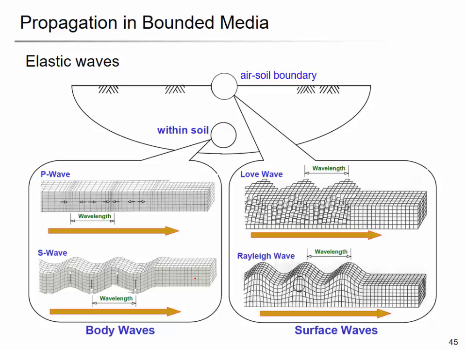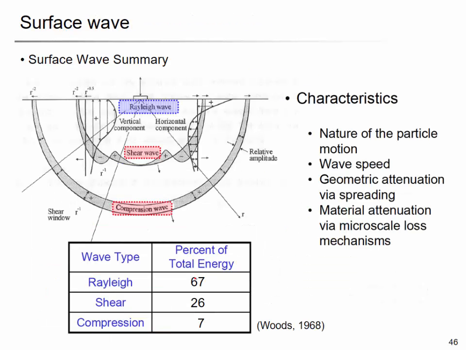And when you look at the energy proportion, for example, if I pound it and you have a total energy of this pounding, 67% will be Rayleigh wave, the surface wave will be the most, the shear wave is 26%, and the compression wave is 7%. Just to give you some idea about the different energy levels.